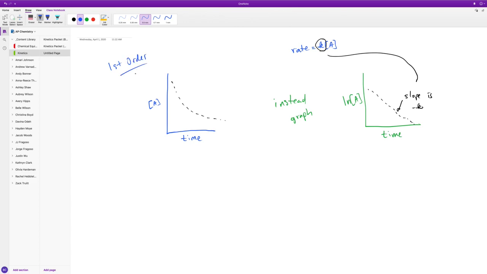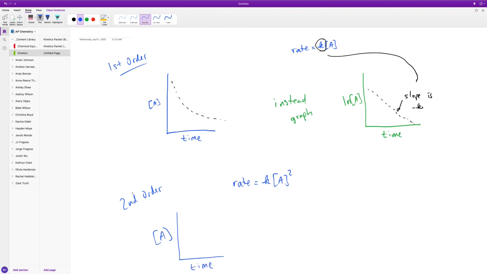If your reaction is a second order, again, rate for a second order reaction with one reactant is something like that. You know, it's kind of hard to tell if you just simply look at the graph.